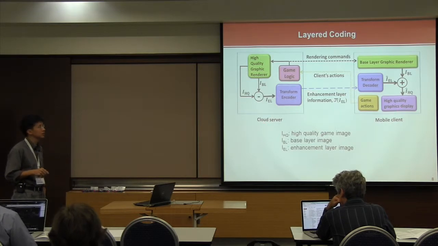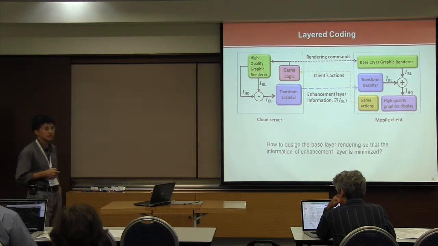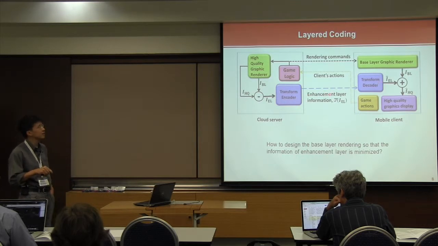So I have discussed how to generate this enhancement layer information. However, there's still one key design question that remains: how to design this base layer rendering pipeline so that the information of the enhancement layer can be minimized and so that we can use as little bandwidth as possible.